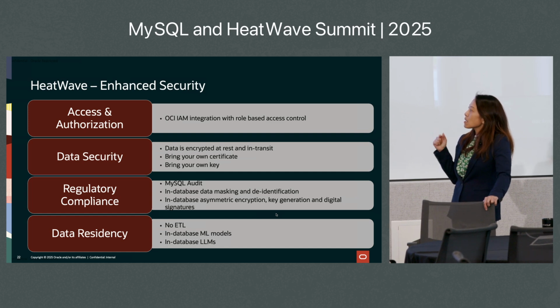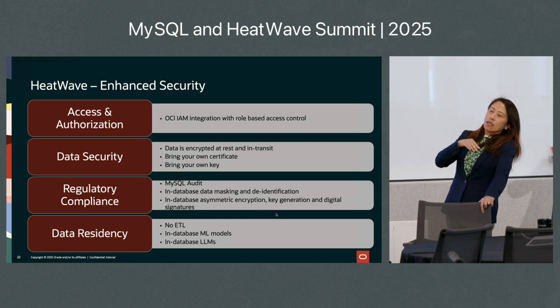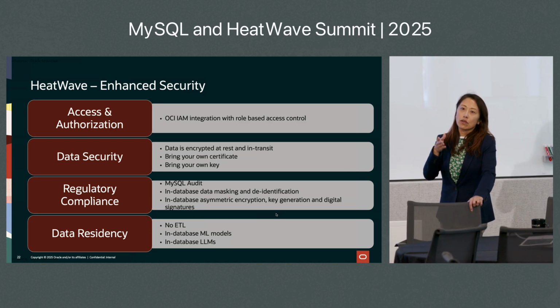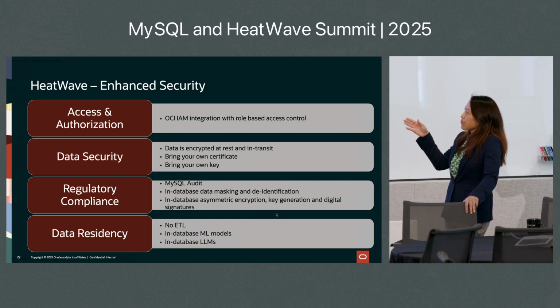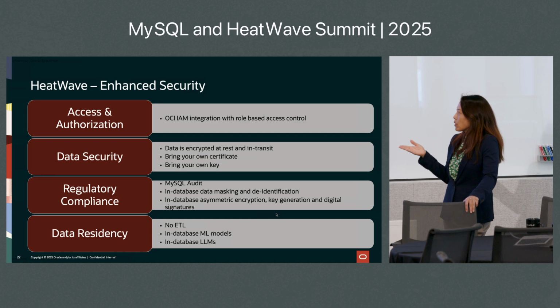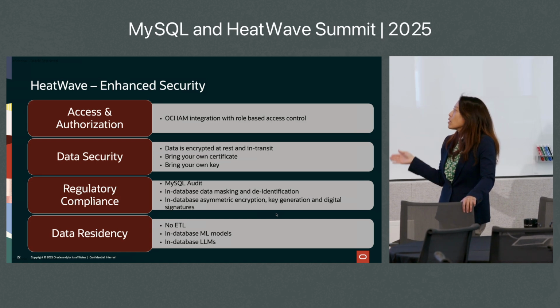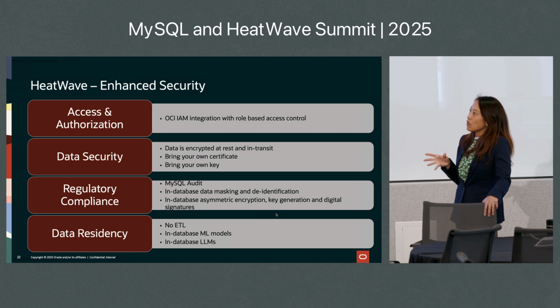And then the last thing is about data residency. One of the things is that, of course, we are available everywhere. So if you require a certain location or a certain geolocation, then you can deploy our service in the corresponding location. But from a service perspective, with no ETL that we mentioned earlier, we don't need to move around the data, because we support a lot of these different use cases, so all of the data resides within the service.